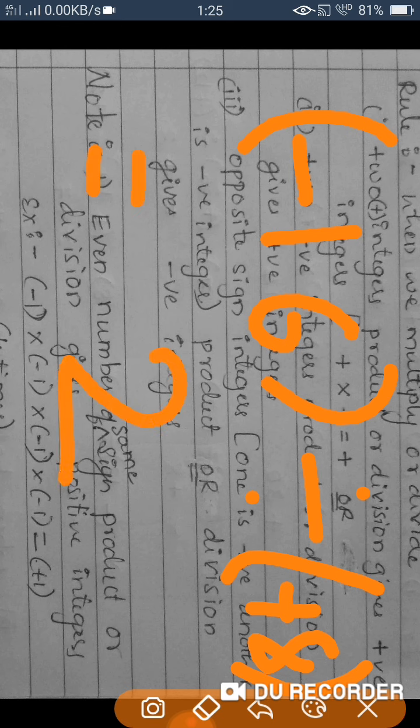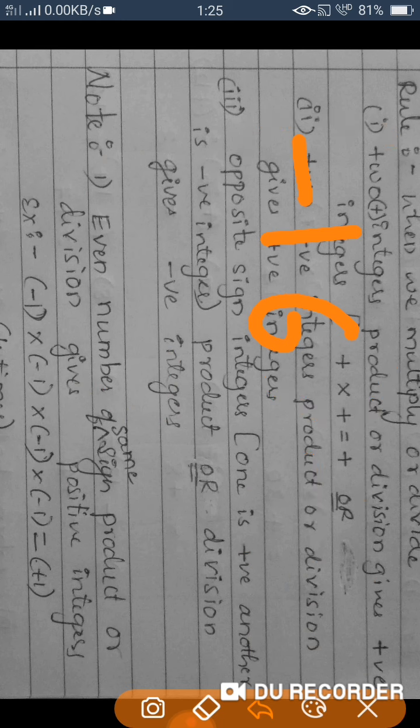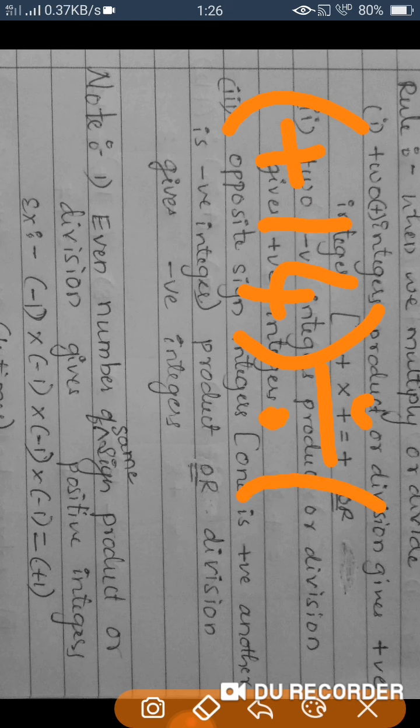One is negative and one is positive, that's why the answer is negative. You can take the reverse also. First one is positive, second one is negative. For example, positive 14 divided by negative 2.